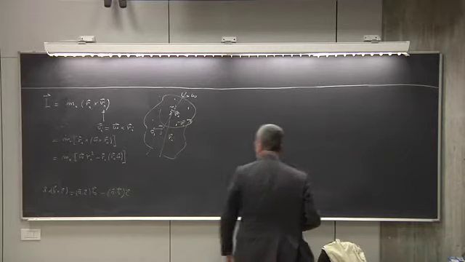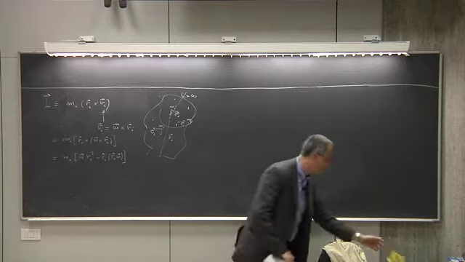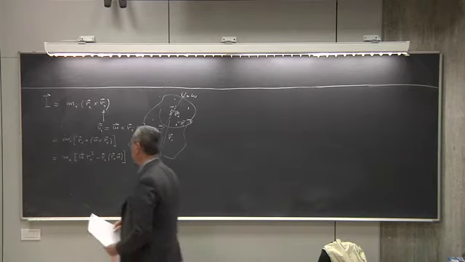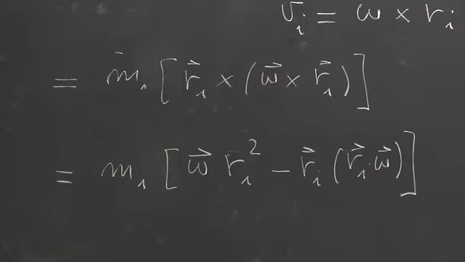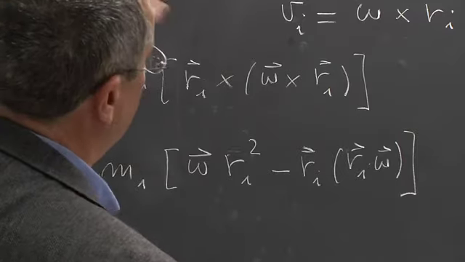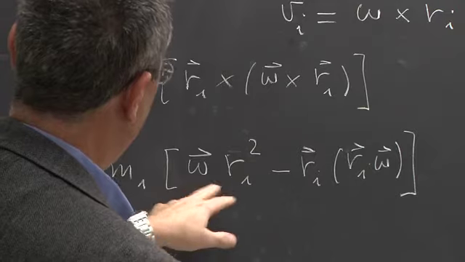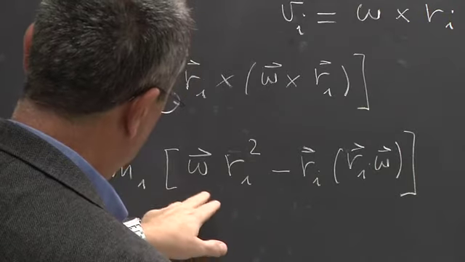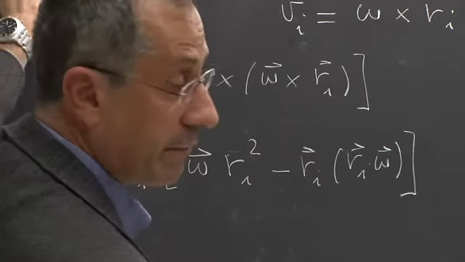So I'm just doing some vector algebra. This is kind of nice. This gives you the angular momentum of this rigid body as a function of this omega. And you see that you can write the components of this vector.